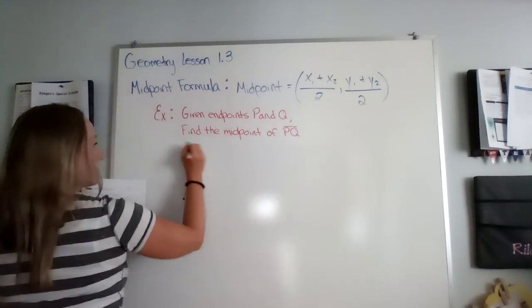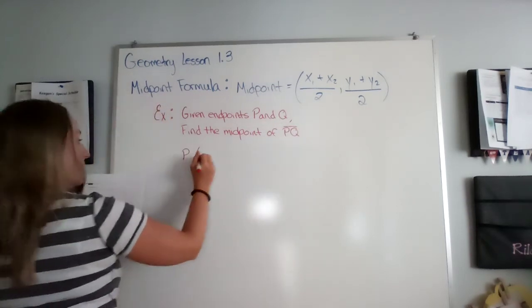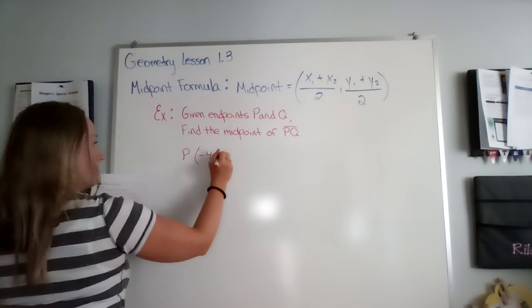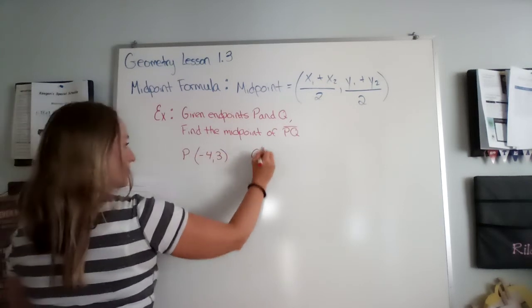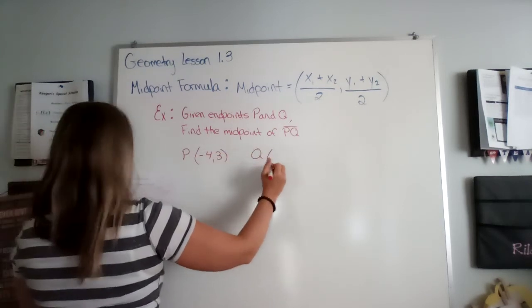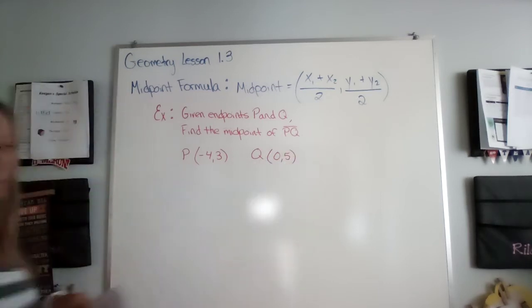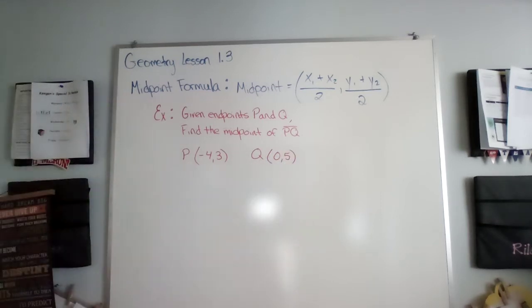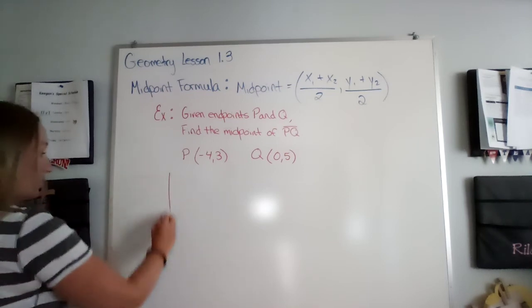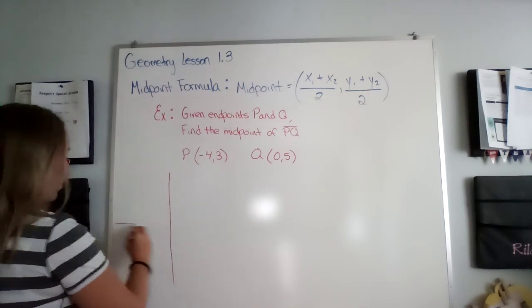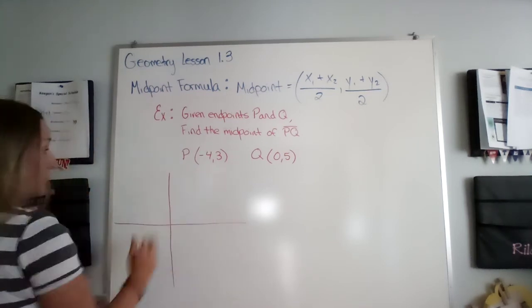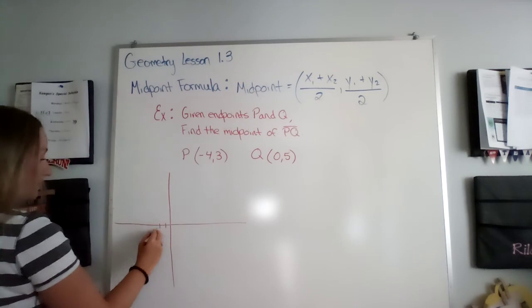Okay, so again, if you're given that P is (-4, 3), and Q is located at (0, 5), we want to find the midpoint. So let me quickly sketch a visual for you guys so you kind of understand what we're doing. So P is at (-4, 3).